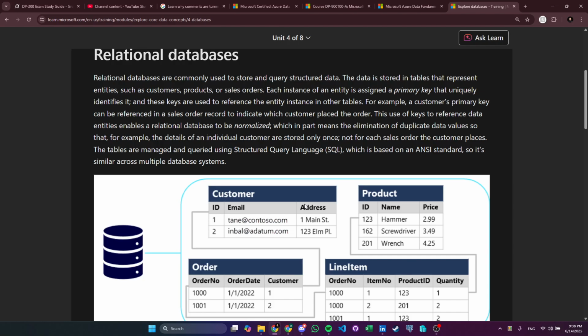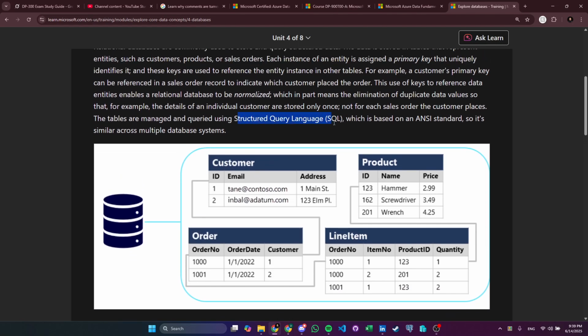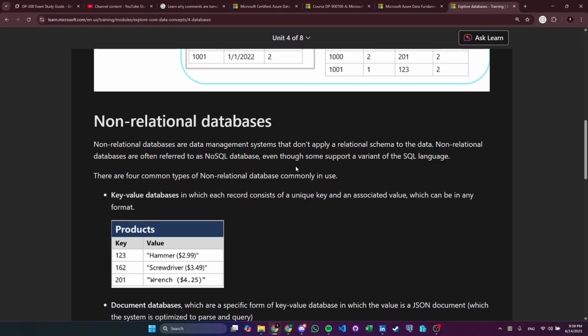No piece of information is mentioned twice, not for each sales order the customer places. The tables are managed and queried using structured query language, SQL, which is based on an ANSI standard, so it's similar across multiple database systems. Structured query language is what's used to reference data and build the databases.